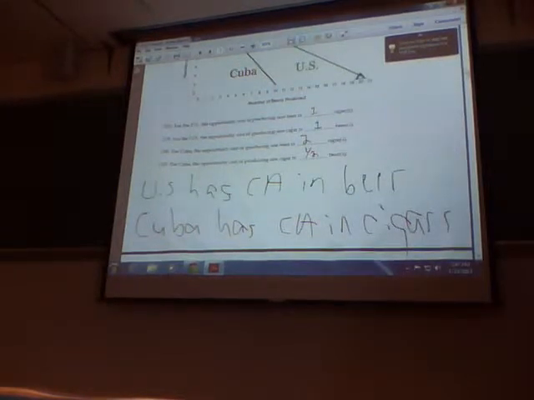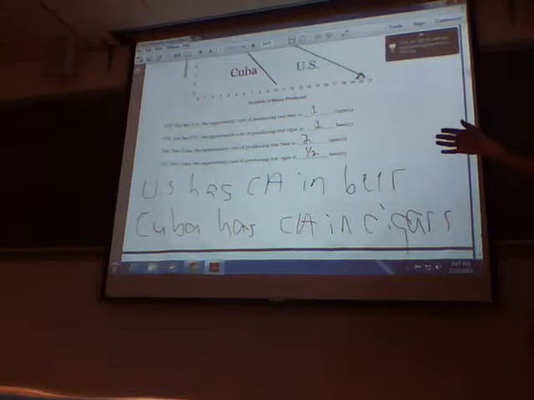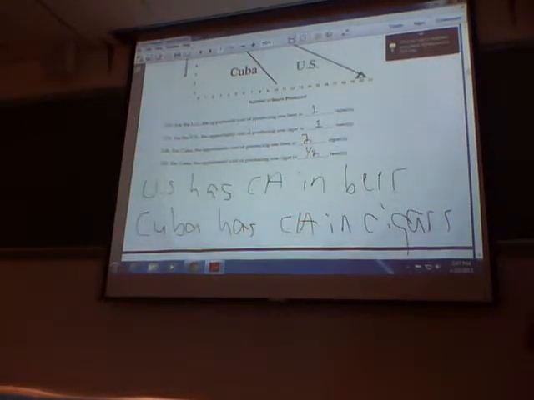It will never get tricky here. It cannot be the case where one country has a comparative advantage in both. Comparative advantage is simply who has the cheapest cost of making one or the other.